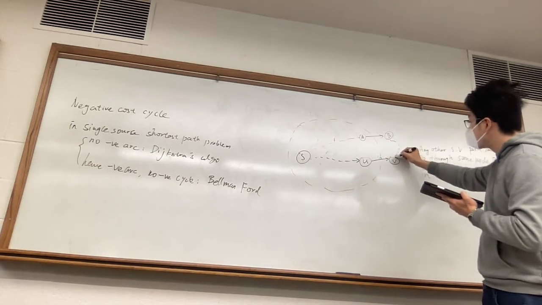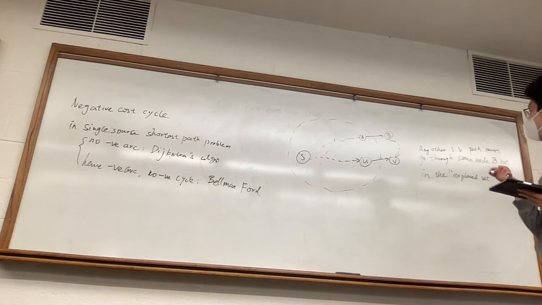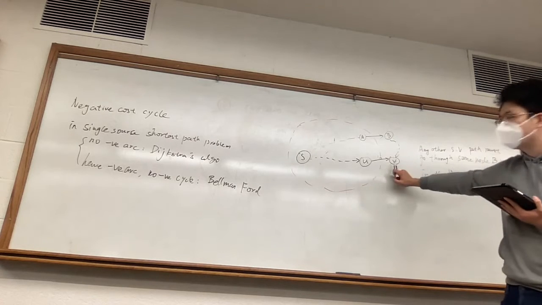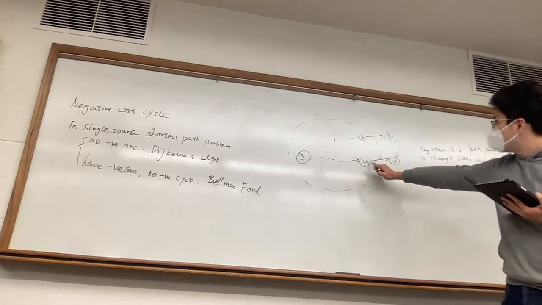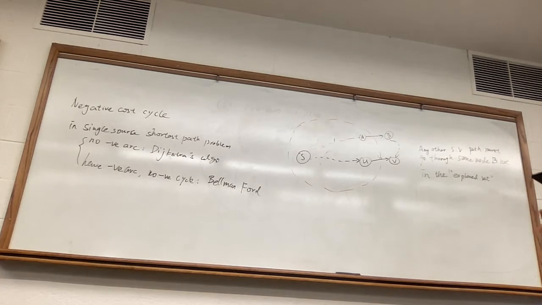And there might be some paths from B to B, right? Why? Can you tell me why? So let me repeat. The arc from U to V is selected by Dijkstra algorithm. That means this is the shortest.